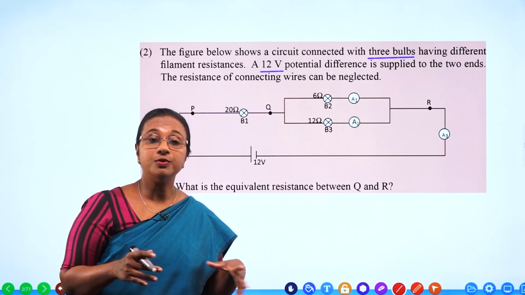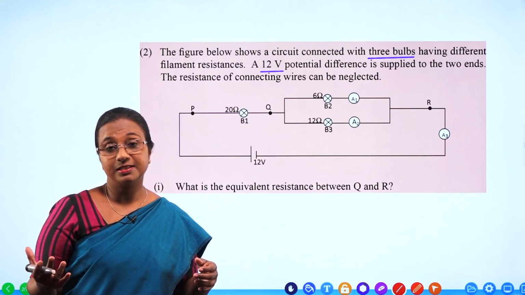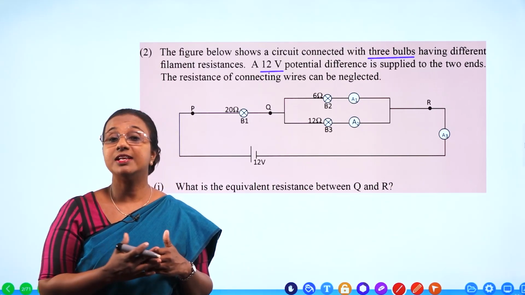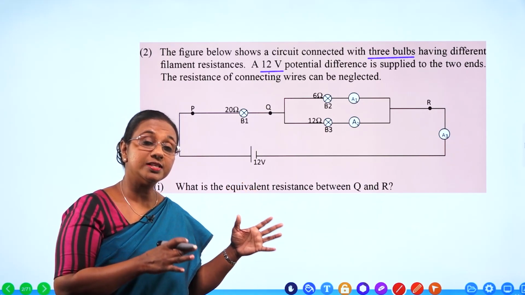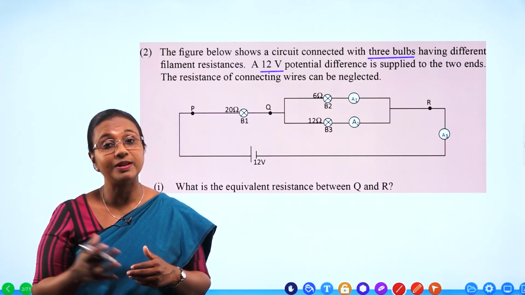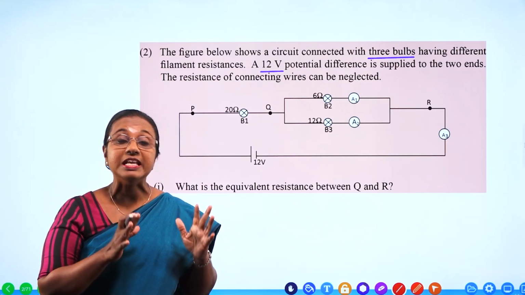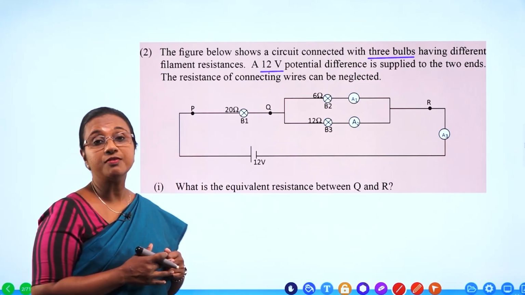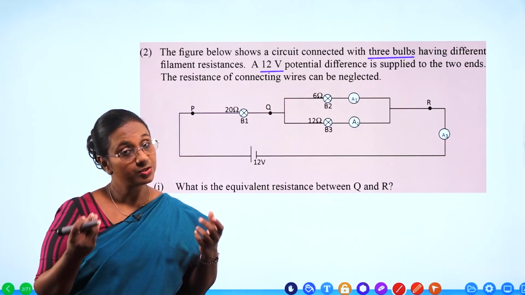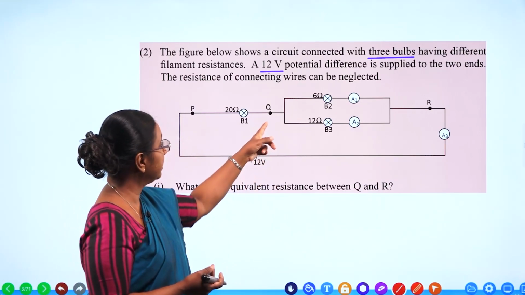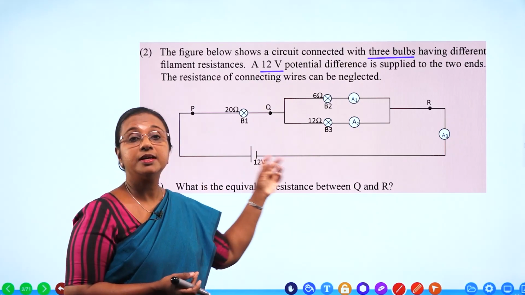So normally you all know connecting wires are conductors. Even the conductors have a resistance. But if you are to consider that resistance, then the calculation will become complicated. So because of that, we neglect the resistance of connecting wires. It is a small resistance compared to these resistors, all the components.